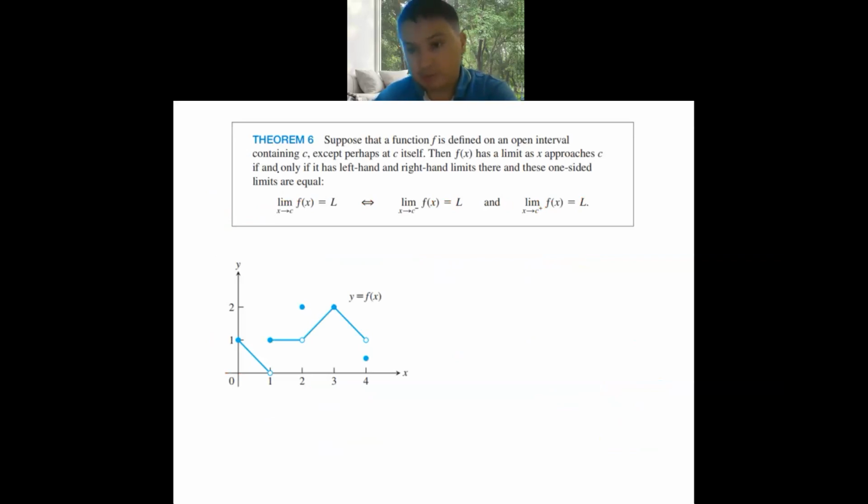Okay, a very important theorem. If you ask why these one-sided limits are important, it's because of this theorem in some sense. Long story short, what it says is that the original limit that we saw in the previous lecture exists if and only if both the left limit and the right limit exist.